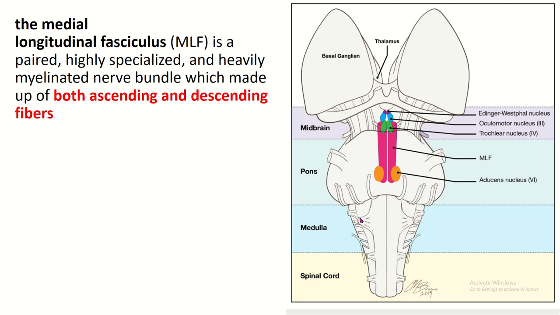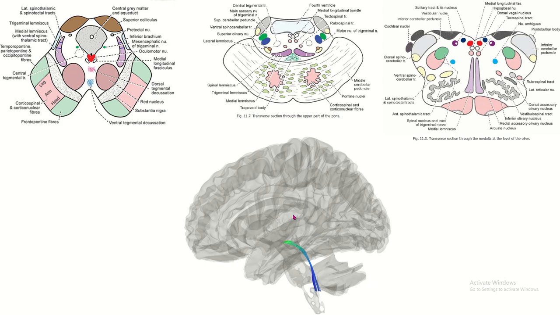The medial longitudinal fasciculus. It is a paired, highly specialized and heavily myelinated nerve fiber bundle made up of both ascending and descending fibers. This is the location of the medial longitudinal fasciculus in cross sections of the midbrain, pons and medulla oblongata.